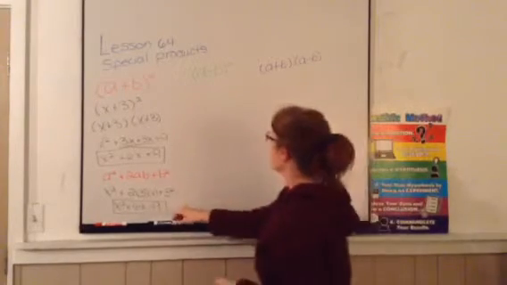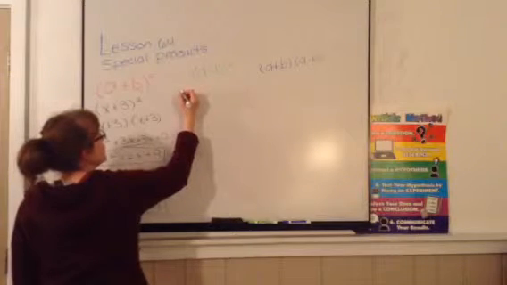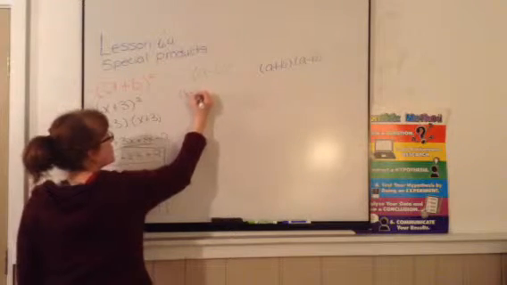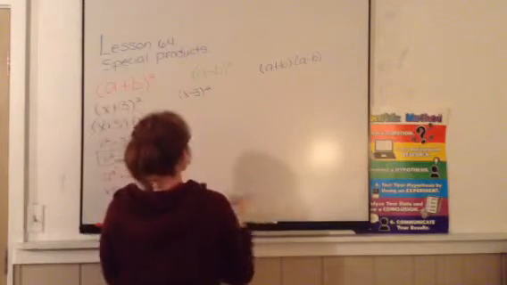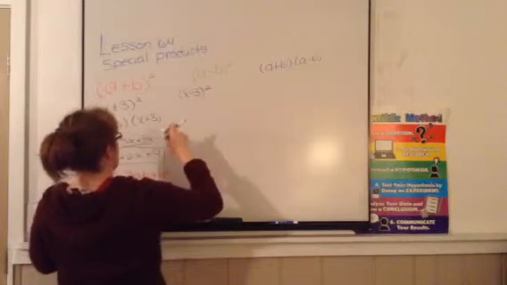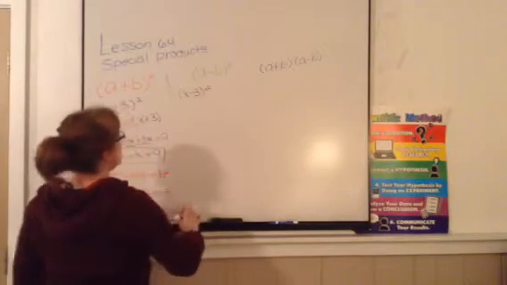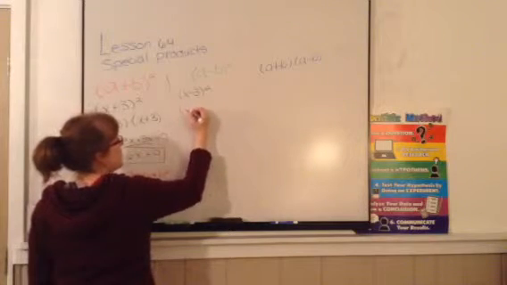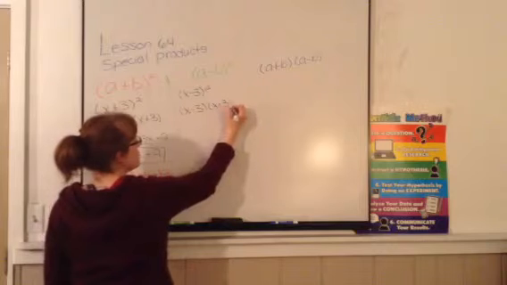Okay, so over here we have a minus b squared. So here I will do x minus 3 squared. I am going to draw a line in between these so that we don't get them confused. So this gives me x minus 3 times x minus 3.